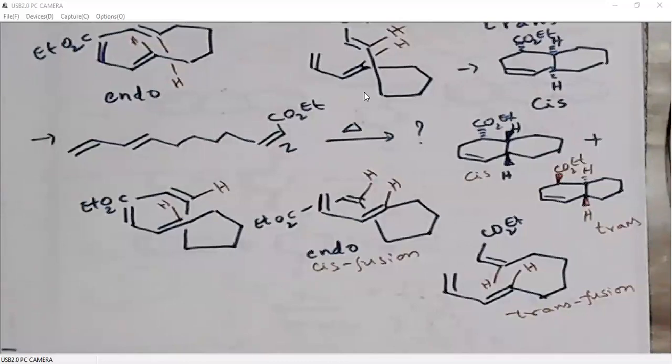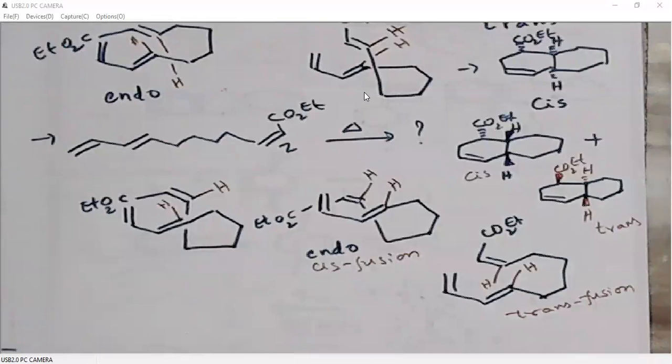So in all these examples, the first example and the second example. The first is a simple diene and dienophile, so there we may get only one product, that is trans. In the second example, we have one carbonyl, so if it follows endo selectivity, then we can also have a single product.